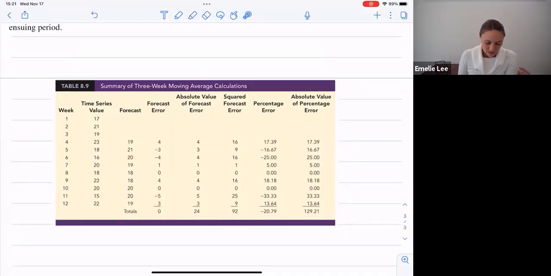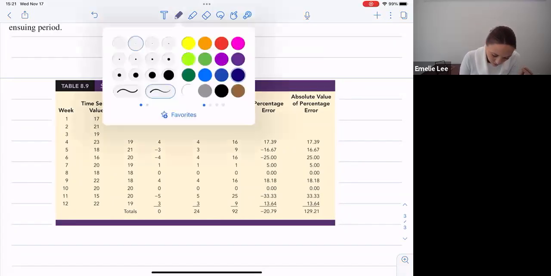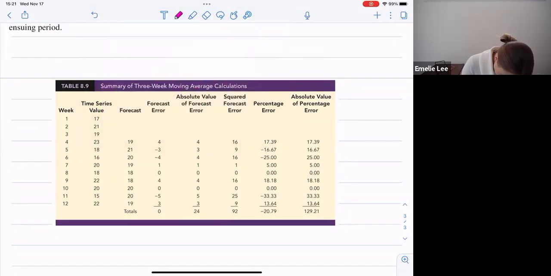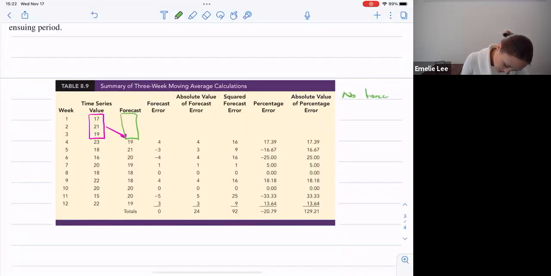Right, so notice if we have a 3-week moving average, then for the first 3 weeks we need 3 weeks before we can get a forecast. That means there are no forecasts, and thus no forecast errors.